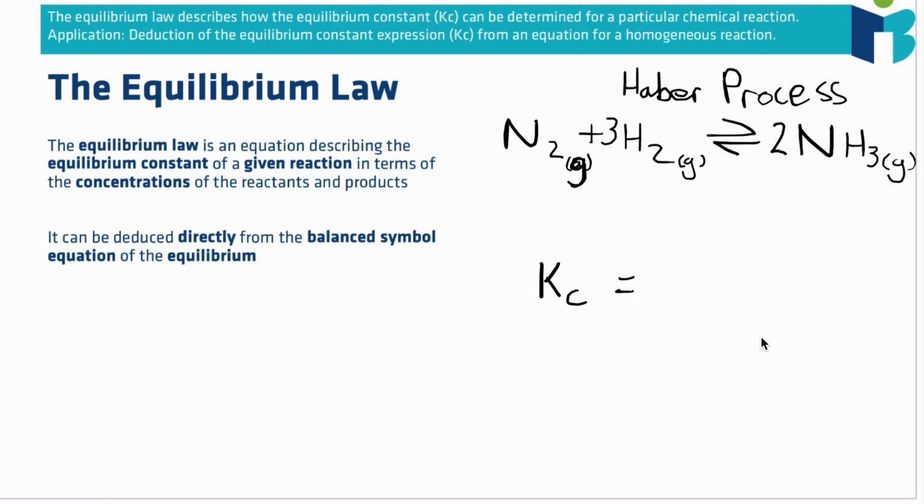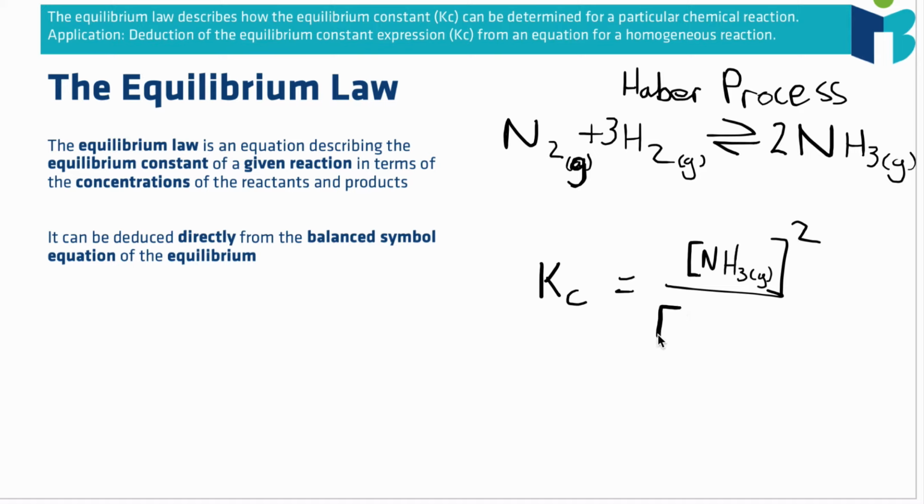And the way we construct the equilibrium law is by taking the concentrations of our products raised to their stoichiometric powers in the numerator of a fraction, and then the concentrations of our reactants raised to their stoichiometric powers in the denominator of a fraction. So in the numerator, in this case, we have ammonia. That's our only product, and it's going to be raised to its stoichiometric power, i.e. it's going to be squared in this case.